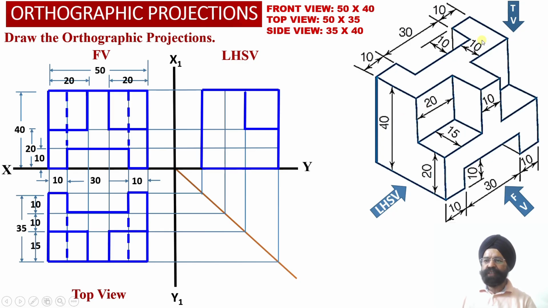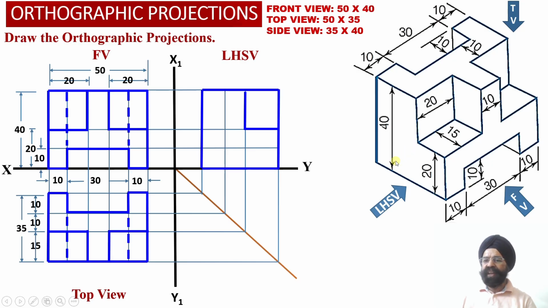So this surface will be projected as a true shape onto the profile plane, and besides this surface there is another rectangular surface available over here, and since this rectangular surface is also parallel to the profile plane, we are going to witness the true shape projections corresponding to this rectangular surface projected onto the profile plane over here.